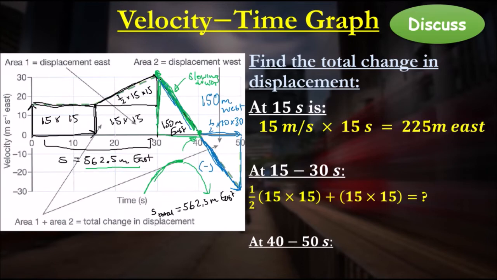If it's decreasing on the positive side of the chart, it just means it's slowing down. So overall, this 150 meters east and this 150 meters west will cancel each other out. So the total displacement, correct my wording, is 562.5 meters east. That's total displacement.